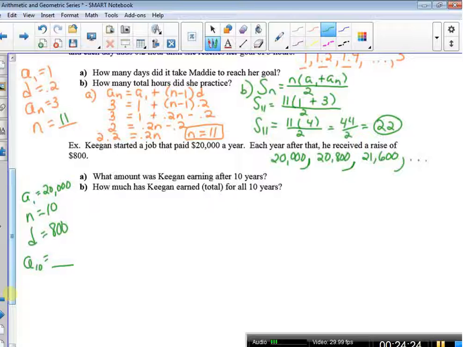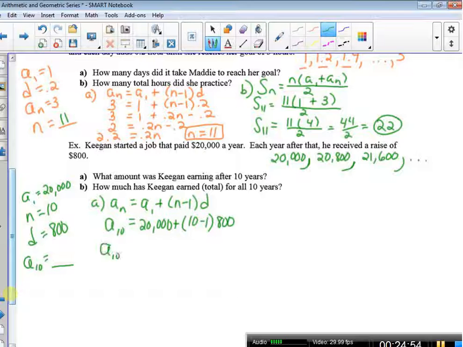That's what we want. So I'm going to use a sub n again equals a sub 1 plus n minus 1 times d. So I'm looking for, after 10 years, what would she be making at the 10th year? Not the total. That will be part B. So 20,000 for a sub 1 plus n, which is 10 minus 1, times d, which is 800.